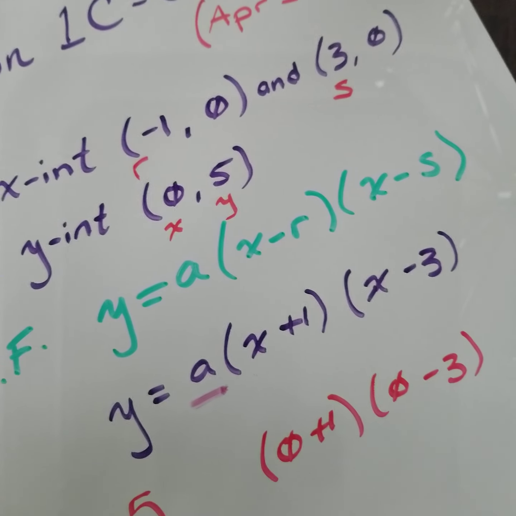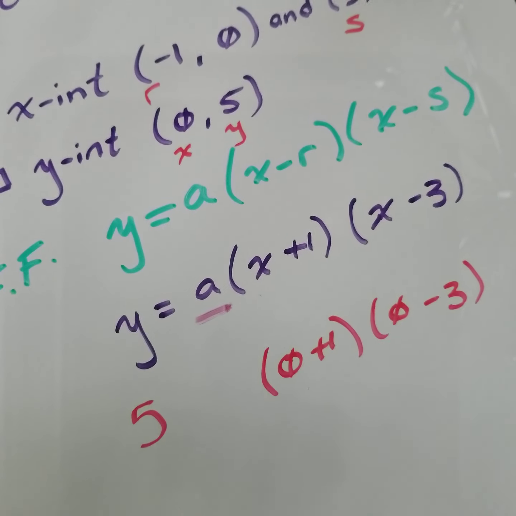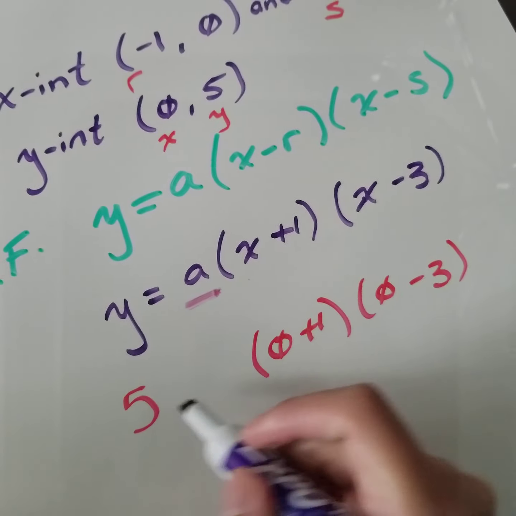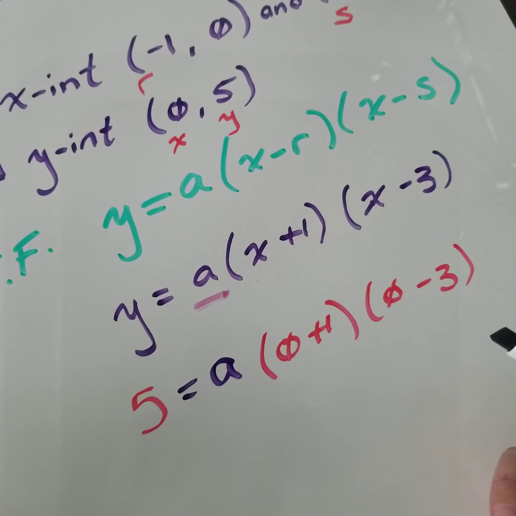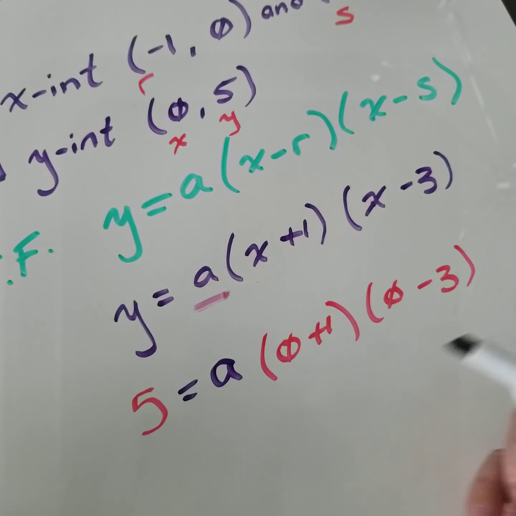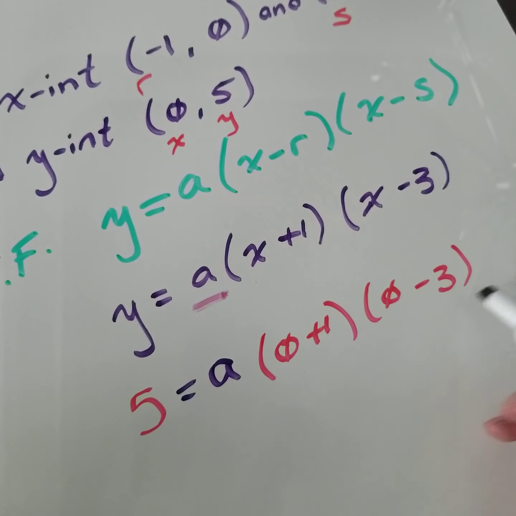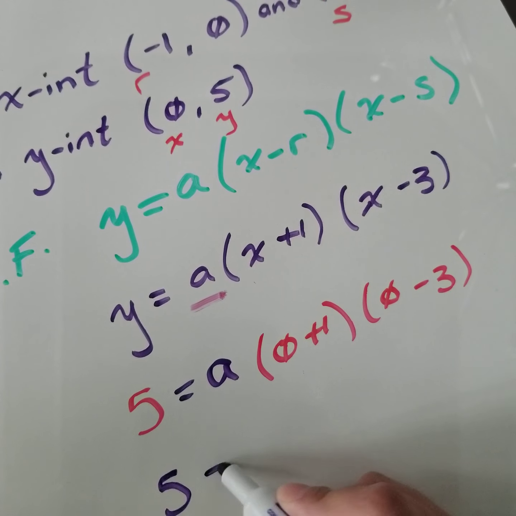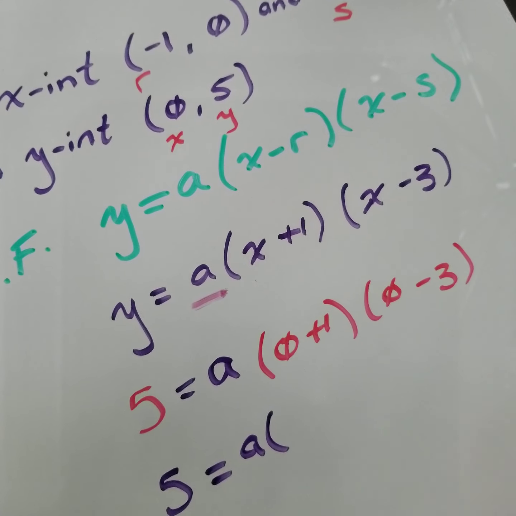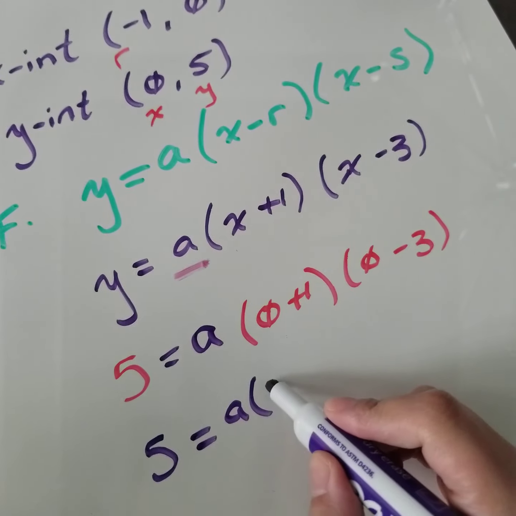And then I'll change this color back to purple so I know that I'm solving here for the a value. The parabola that we were looking at was upside down, so I know this a value is supposed to be negative. So let's simplify what we have. This is 5 is equal to a. In brackets, this is 0 plus 1. This is just 1.